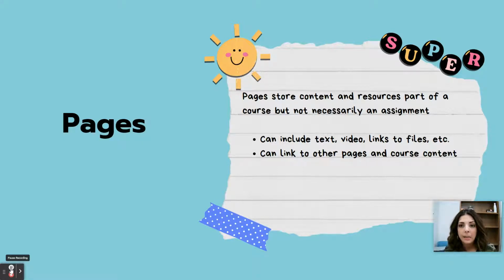It can include text, video, links to files, things like that. You can link to other pages and course content. I've seen a lot of you using front pages on your Canvas course, and that is a page. Some of you have already started embedding images and editing pages. So that is what pages are.